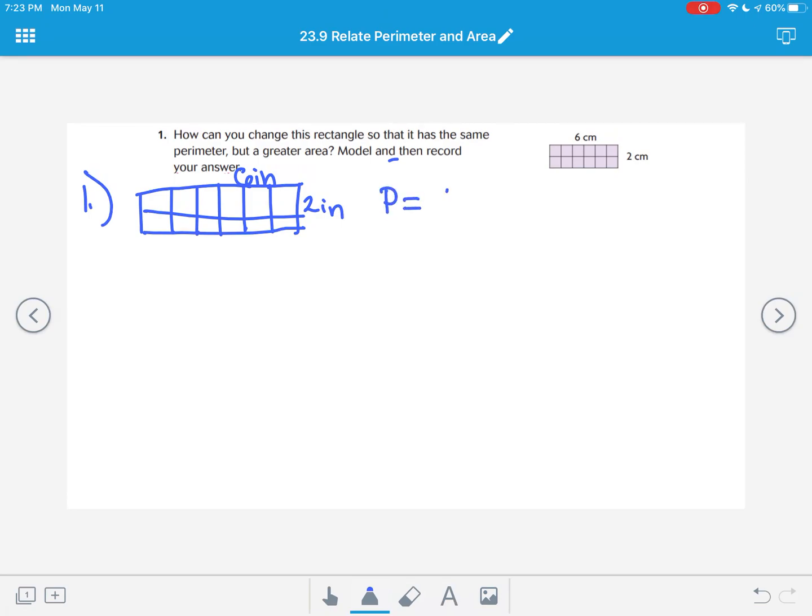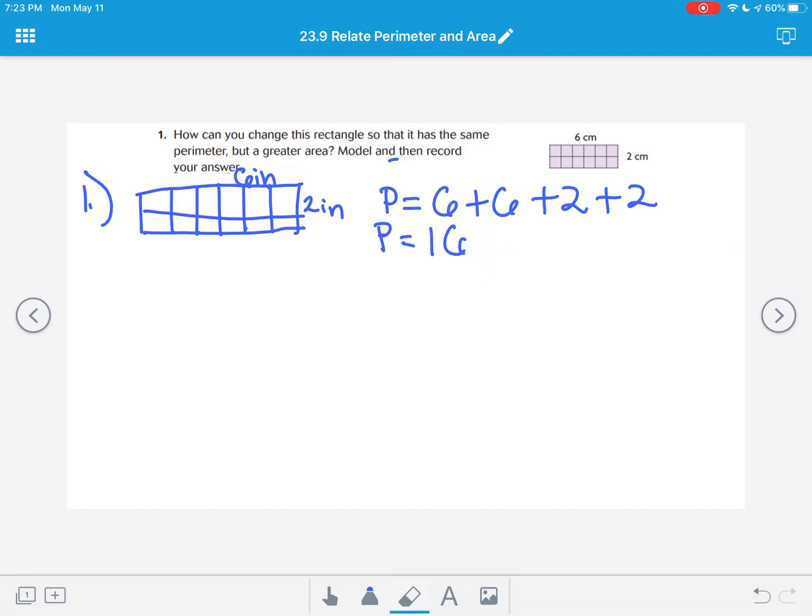The perimeter for this figure would be 6 plus 6 plus 2 plus 2. The perimeter right now is a total of 16 inches.